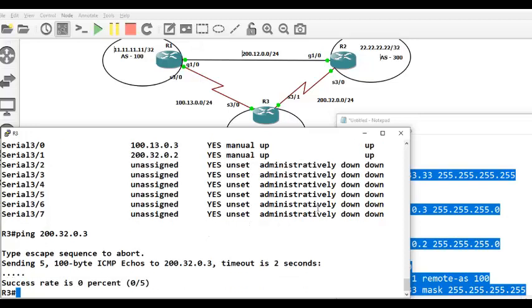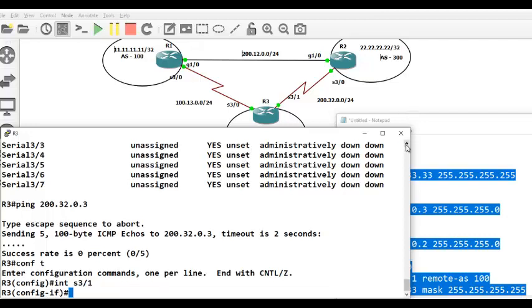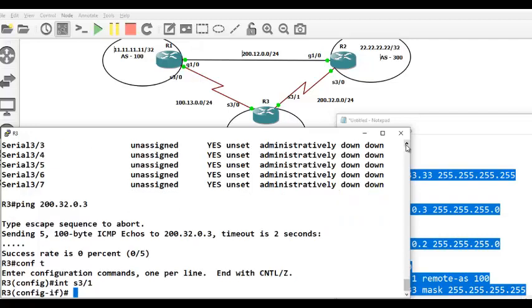See, it should be 3 on router 3. 2 is already given on the other side. Interface serial 3/1. Yeah, interface 3/1, IP address is 200.32.0.3.